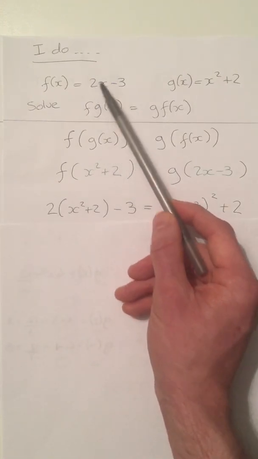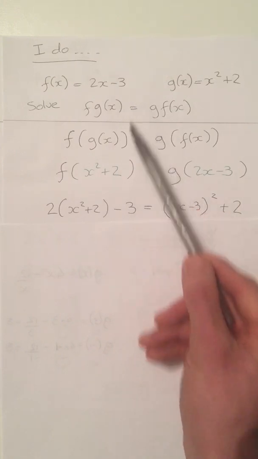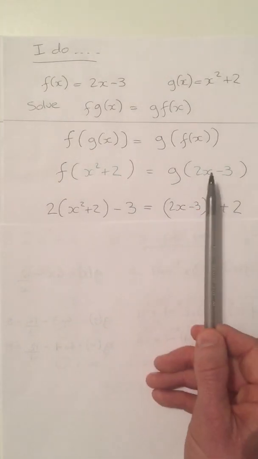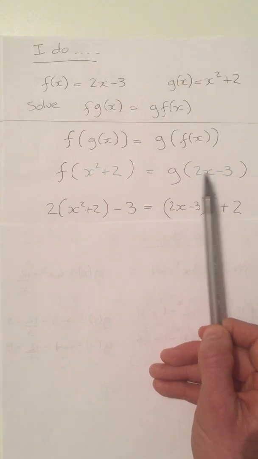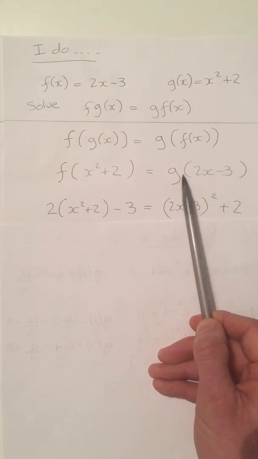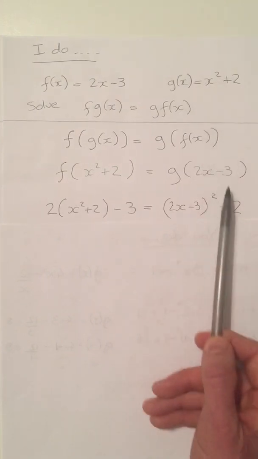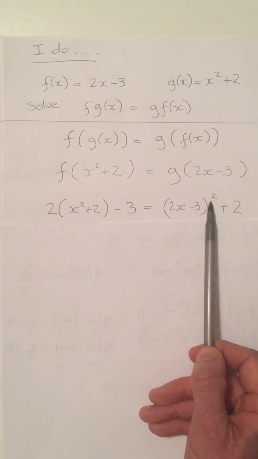So I've got 2 lots of the x squared plus 2 minus 3. Whereas over here, I've got the 2x minus 3 that gets substituted into the g function, which is here. So the 2x minus 3 gets squared, and then I add 2.